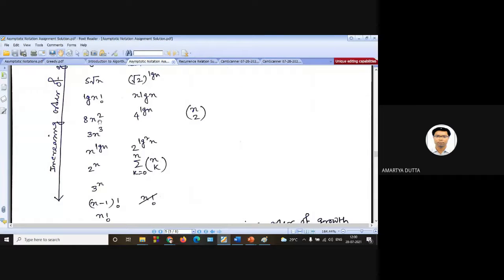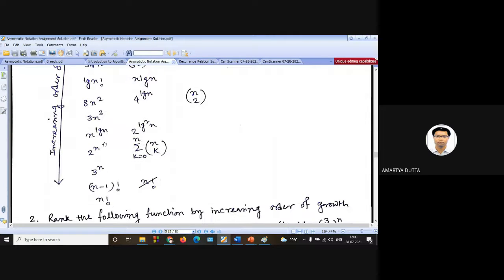Now n cube is faster than n square. n to the power log n and 2 to the power log square n will have faster growth than n cube. 2 to the power n and the summation of nCk have the same complexity. If we expand nC0 plus nC1 plus nC2 plus nC3 up to nCn, we get 2 to the power n.